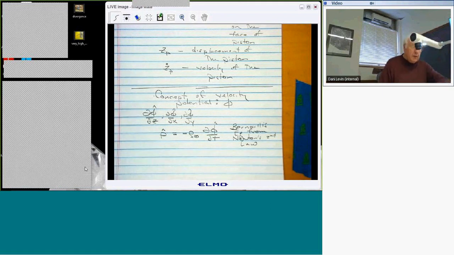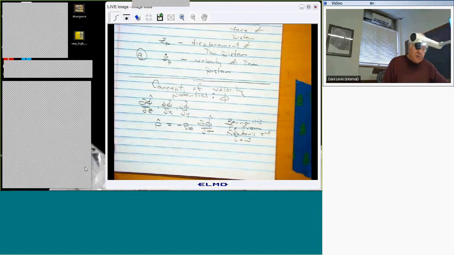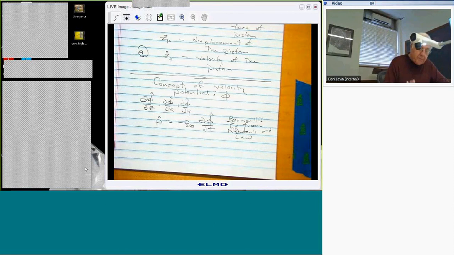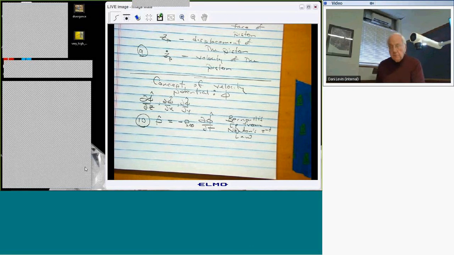So now what do we got? 9 is just the definition of the velocity of the piston. We've introduced the concept of velocity potential, and 10 will be Bernoulli's equation. Okay.